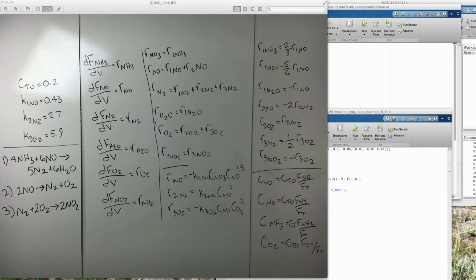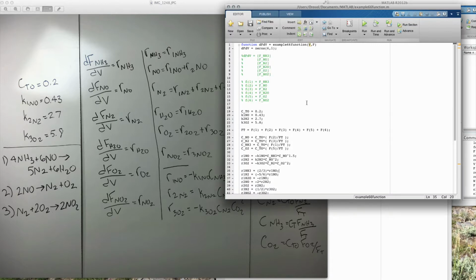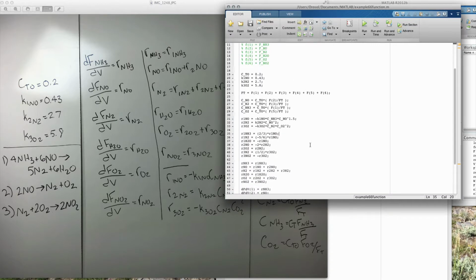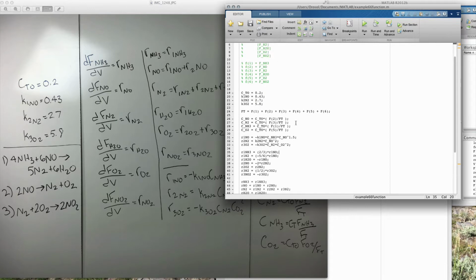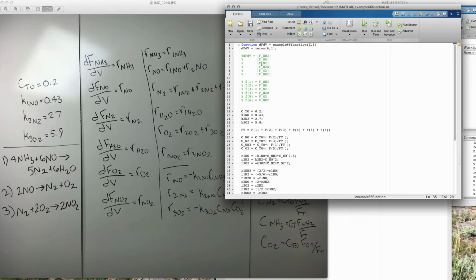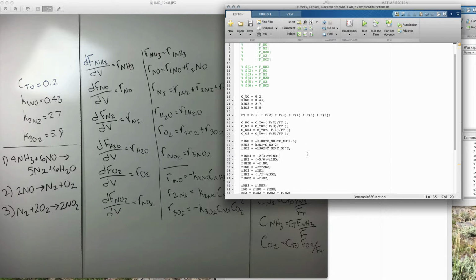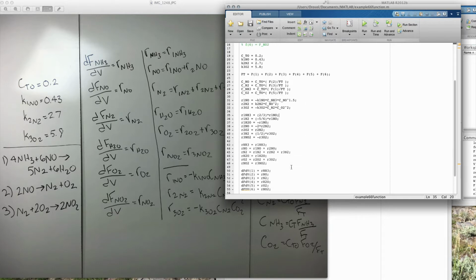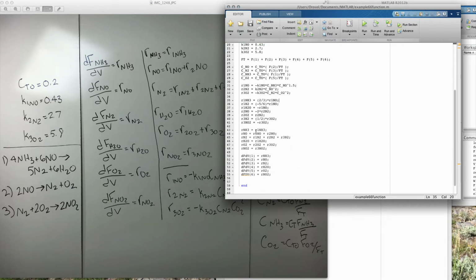Really I'm using the same code, and I'm just putting in whatever is representative of the problem I'm solving. So I might change the number of equations, the variables, the rates. In this case we had a lot going on with the rate laws, and then the differential equations.